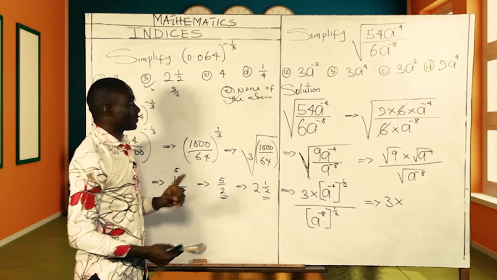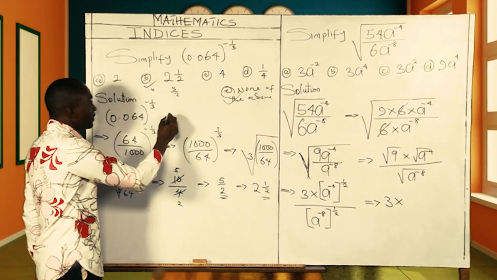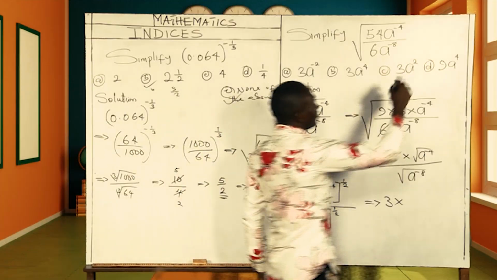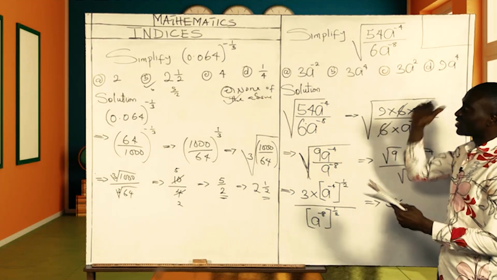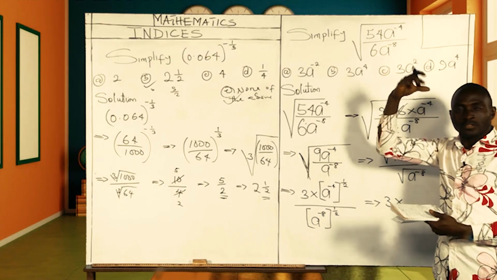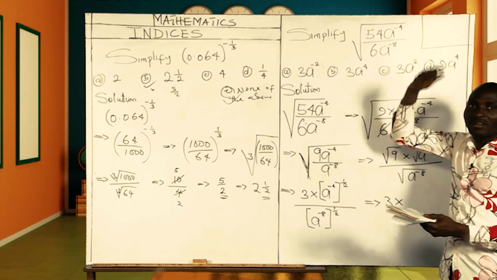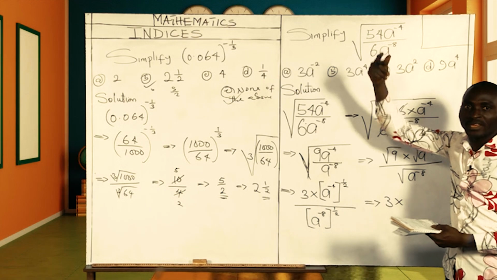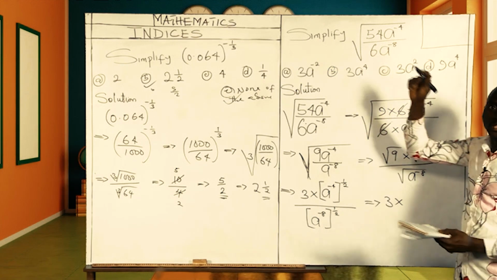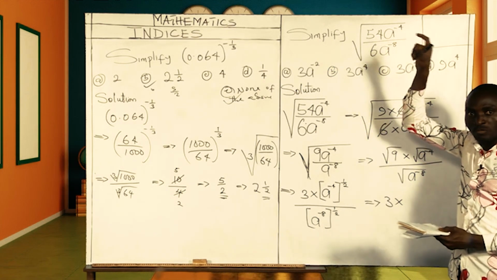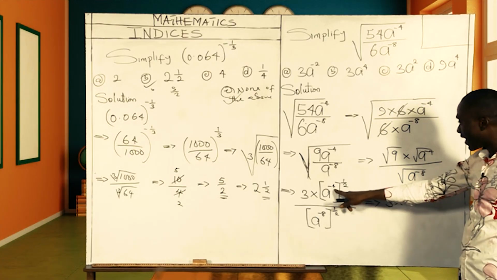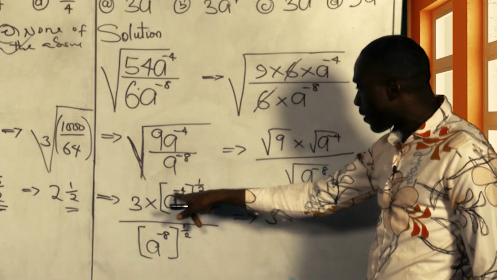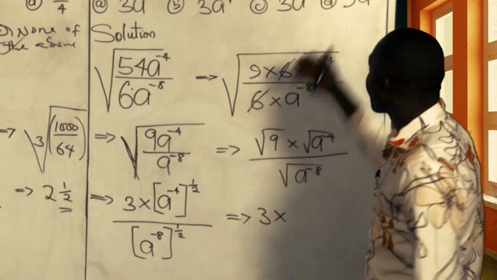In indices, when we have a base that is raised to a certain power and now raised to another power, what you are going to do is to find the product of the two powers. Meaning that what we are going to do now is to find the product of minus 4 and 1 over 2.